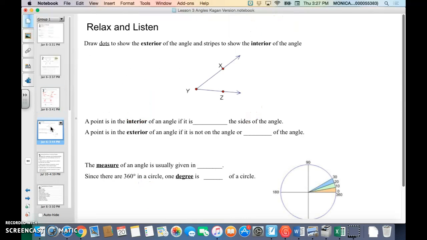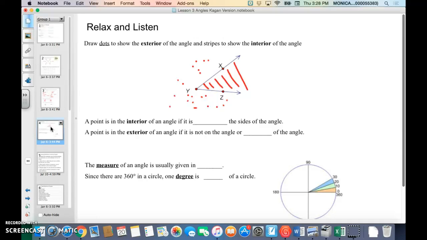Next, please note that if I'm talking about the exterior of the angle, I'm just drawing dots here to show you. The exterior is the outside, and the interior would be inside here. It's on the interior of the angle if it's inside, and it's exterior if it's outside the sides.